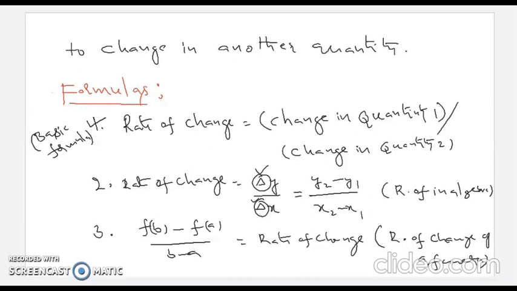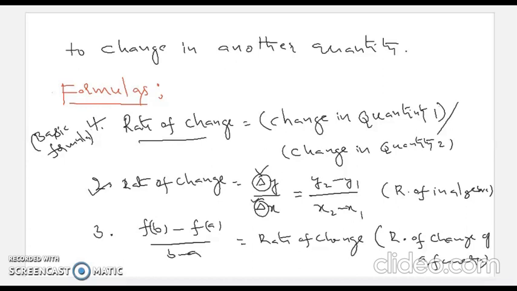First formula is the basic formula: rate of change is equal to change in quantity 1 by change in quantity 2, or change in the first quantity by change in the second quantity. Second formula is rate of change delta y by delta x, if 2 points are given, delta y means change in y quantity by delta x means change in x quantity, that is equal to y2 minus y1 by x2 minus x1.